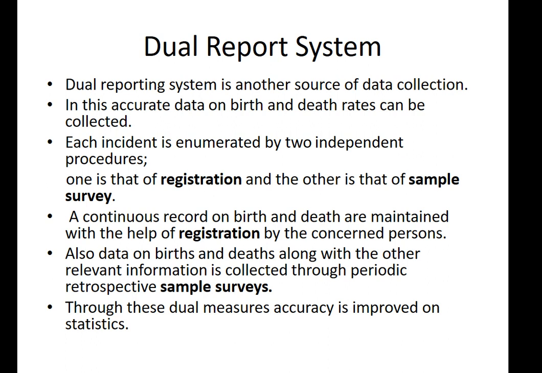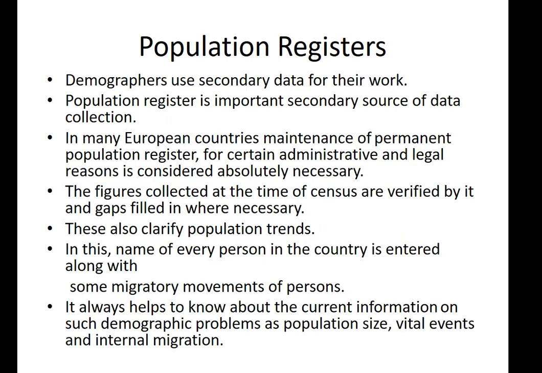From one end, the concerned persons go themselves and get registered, and from the other end, the authorities come and collect data and cross-check and compare it so that accuracy is improved.